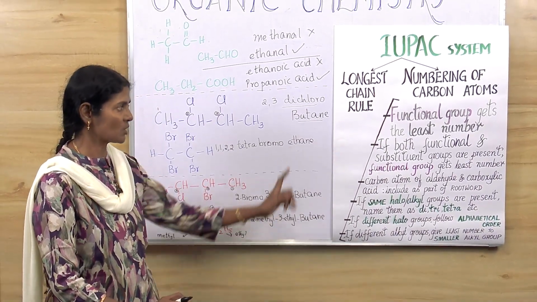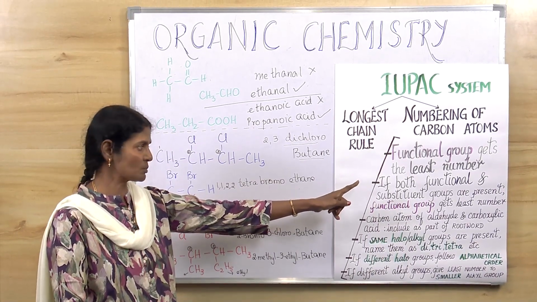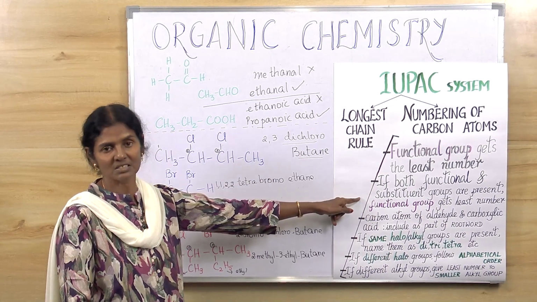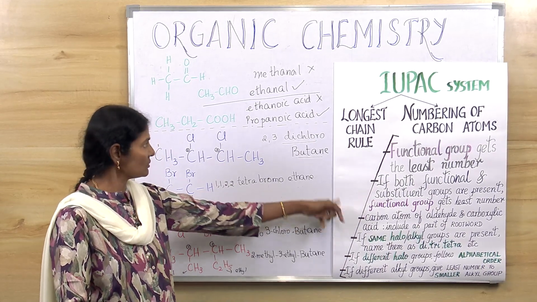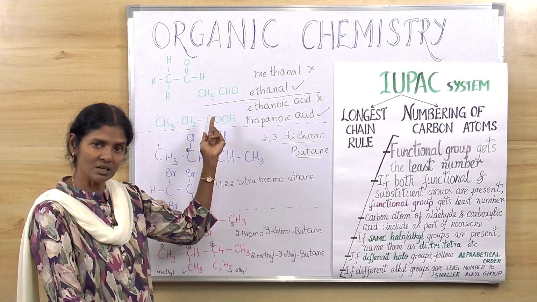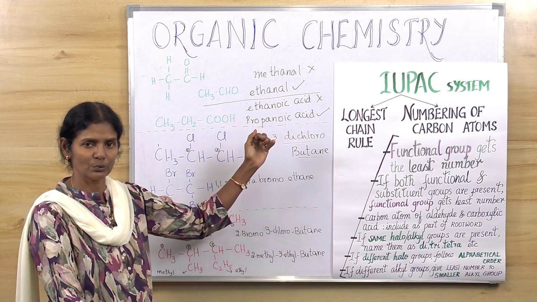So, the longest chain we saw, giving the least number to the functional group was over. If both are present, still the functional group gets the least number. Then the carbon atom of the aldehyde or the carboxylic acid is also added as part of the root word.